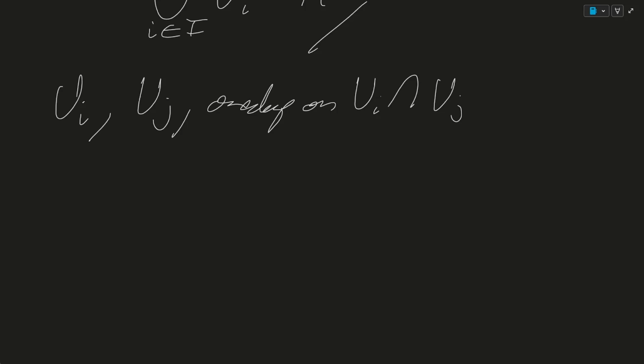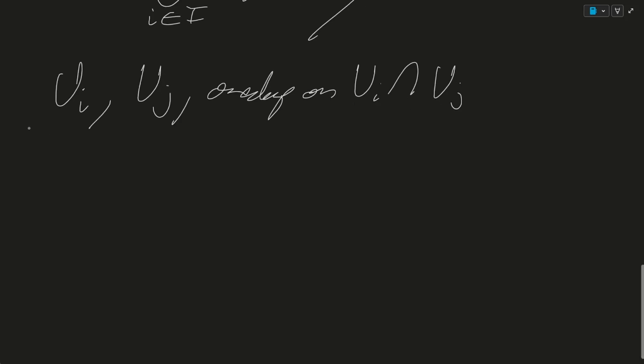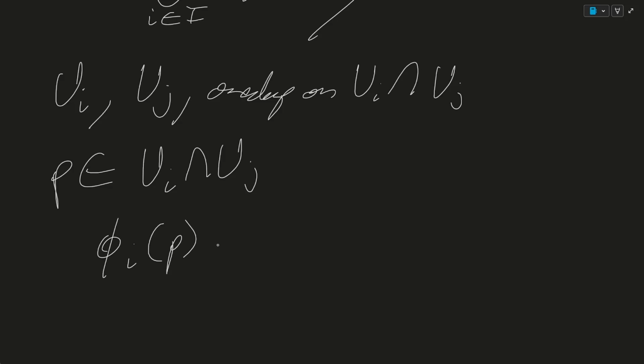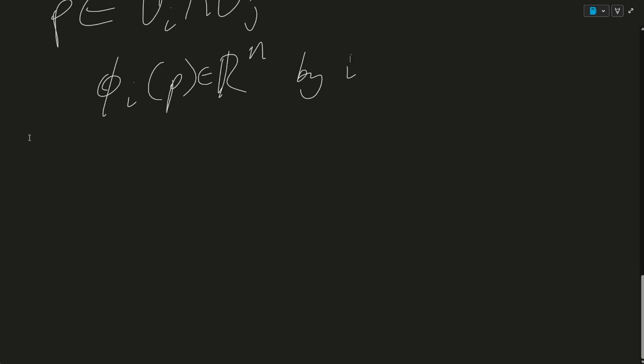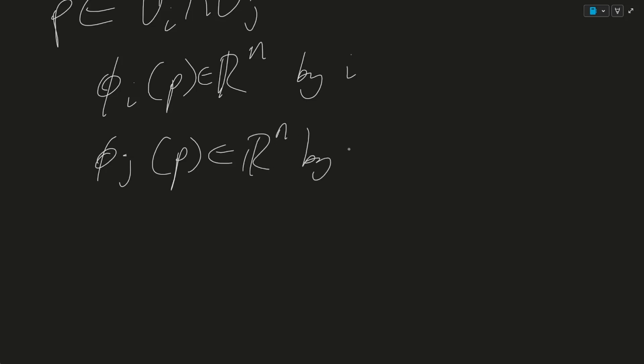How do we make sure that they're not telling us different things and overlapping and thus causing a contradiction? So if we take a point P, which is on this intersection, Ui intersect Uj, this will get assigned coordinates in Rn by observer i, but then it will be given coordinates phi j of p in Rn by j.